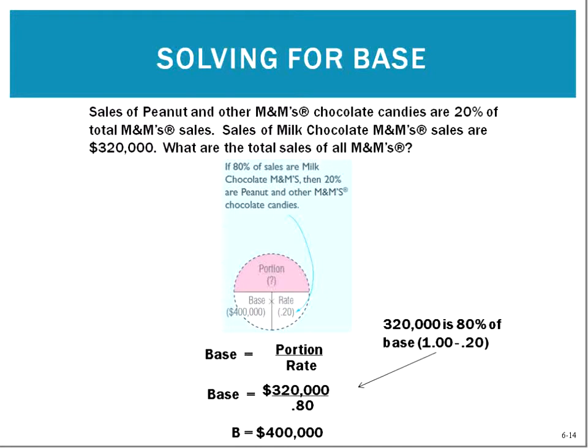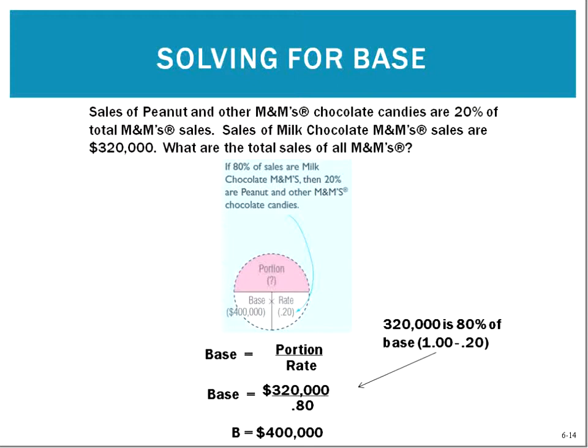Solving for base. Now, sales of peanut and other M&M chocolate candies are 20%. So the rate is 20% because rate is equal to percent. But the milk chocolate is 320,000. They gave you a different rate: milk chocolate sales are 320,000, but peanut and other candies are 20%.